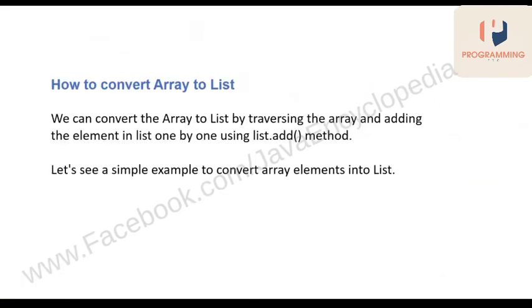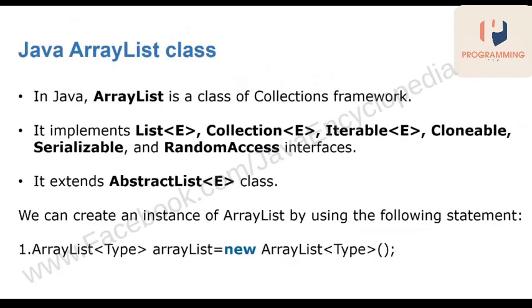Now coming back, we were discussing that the implementation will be given by ArrayList, because List is an interface and the implementation should be given by a class. So ArrayList implements List, which indirectly implements Collection, which implements Iterable, and it also implements Cloneable and Serializable.